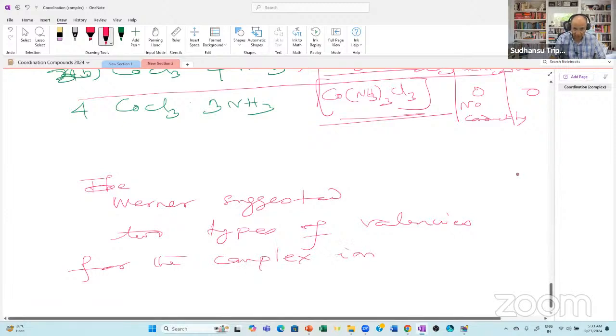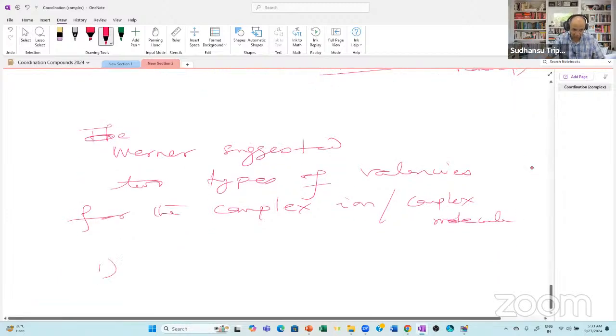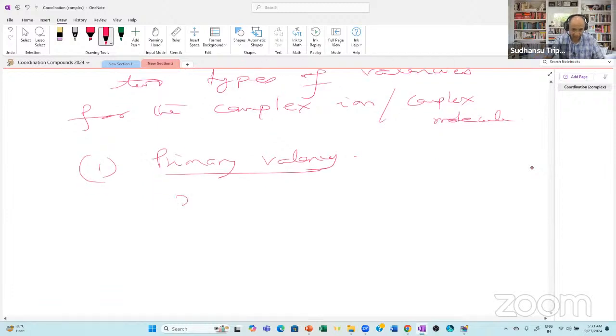If it is a neutral complex, like the third, like the fourth one, it is a complex molecule. One of them was the primary valency. It was the number of electrons lost by the central metal atom.